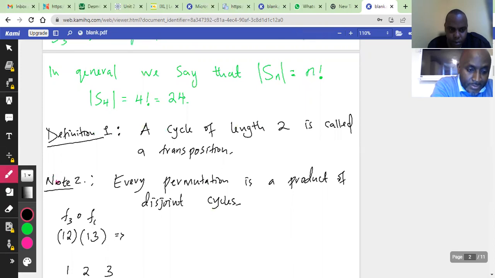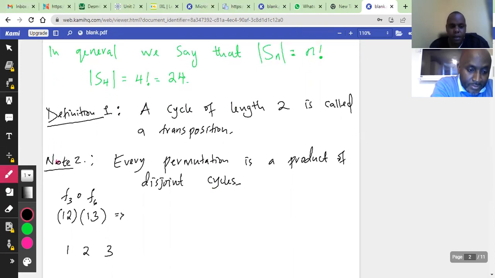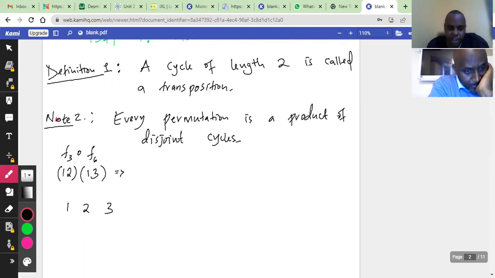I was asking myself, if I was to compose these two functions, what function would I get? So I picked my elements 1, 2, 3, and I applied F3 on 1, 2, 3. But 1, 2, 3 is not the cycle, it's the elements.